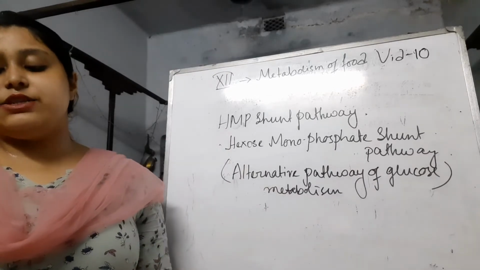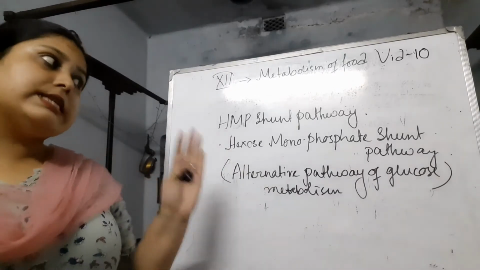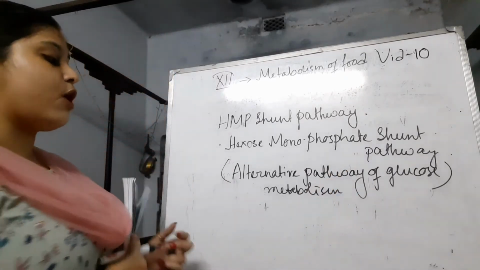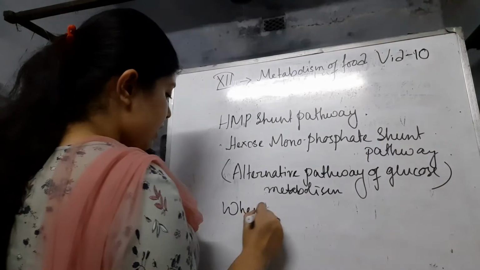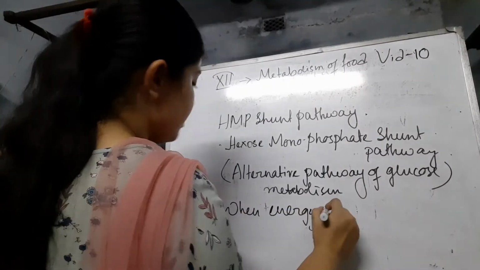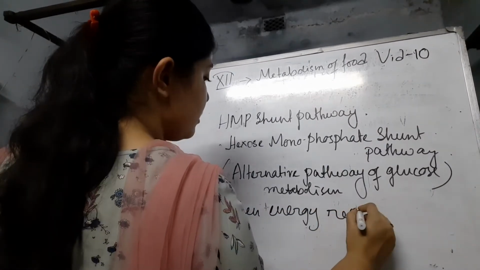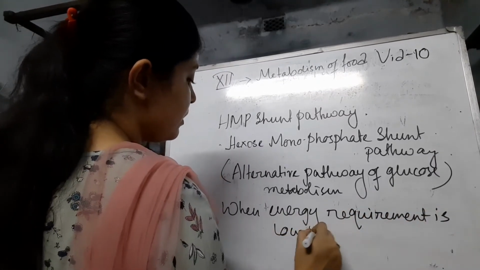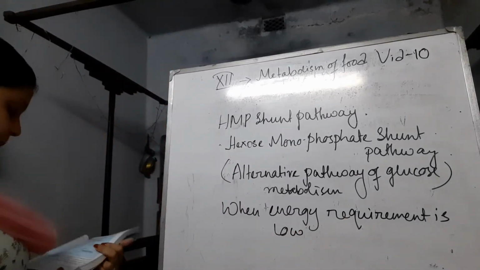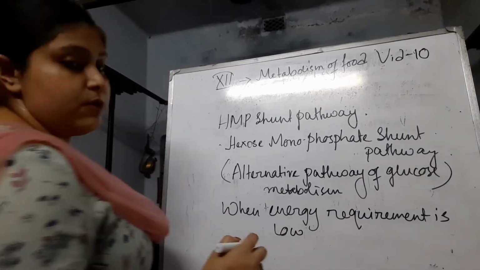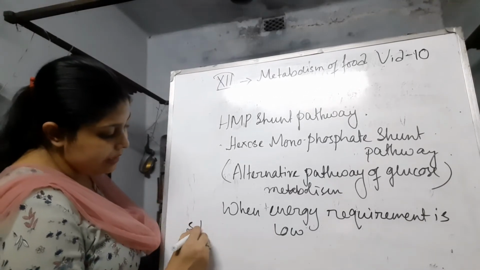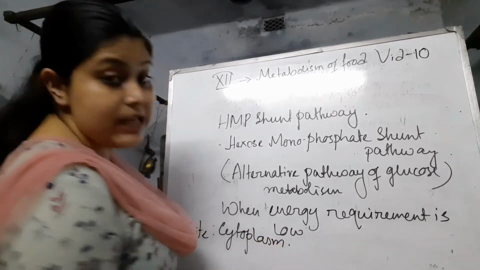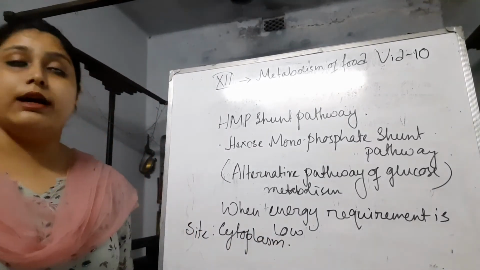Instead, it enters the metabolic process known as the hexose monophosphate shunt pathway. It also occurs in the cytoplasm, like glycolysis.